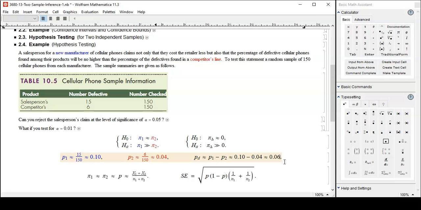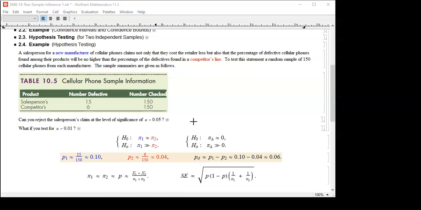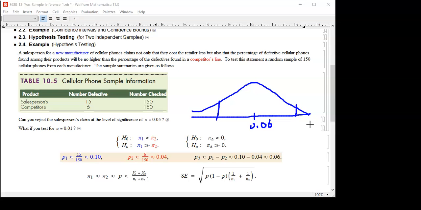You can do it with this, 6% point, that's the observed difference in proportion. And then you can use, I don't know, 95% confidence interval, 97% confidence interval, you can do whatever to find those out, just like we did before.